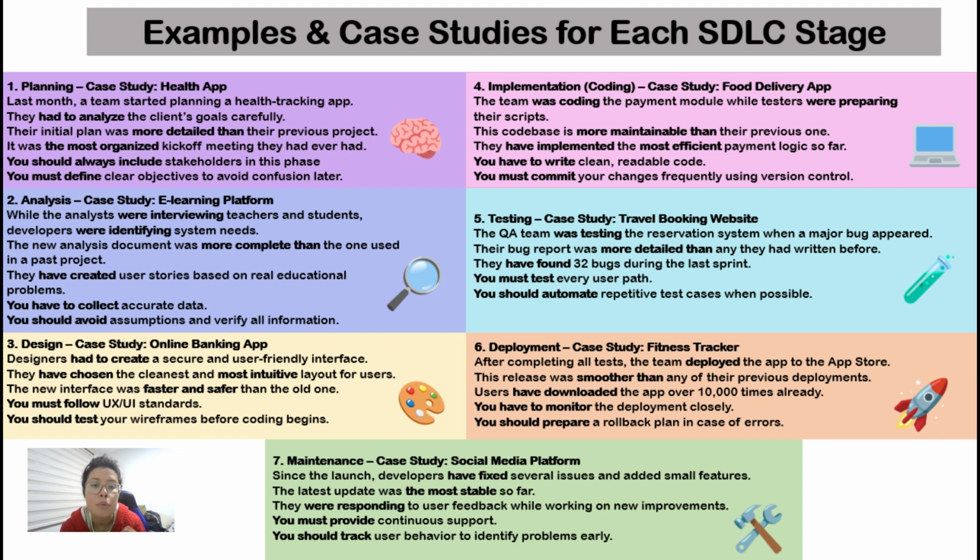They were responding to user feedback while working on new improvements. And in this stage, you must provide continuous support, and you should track user behavior to identify problems early. And that's it.